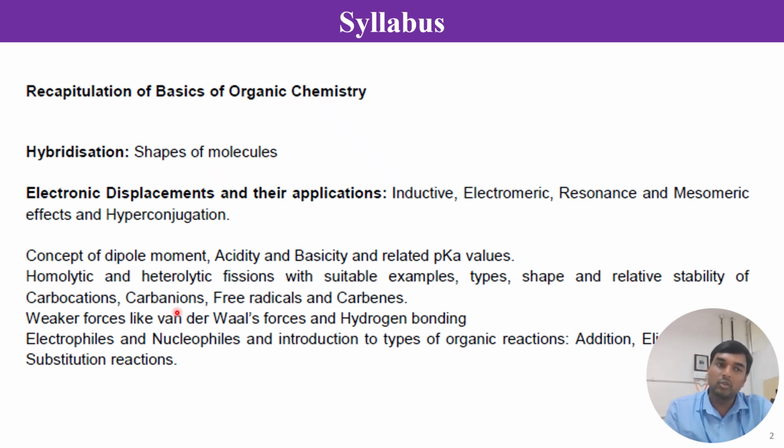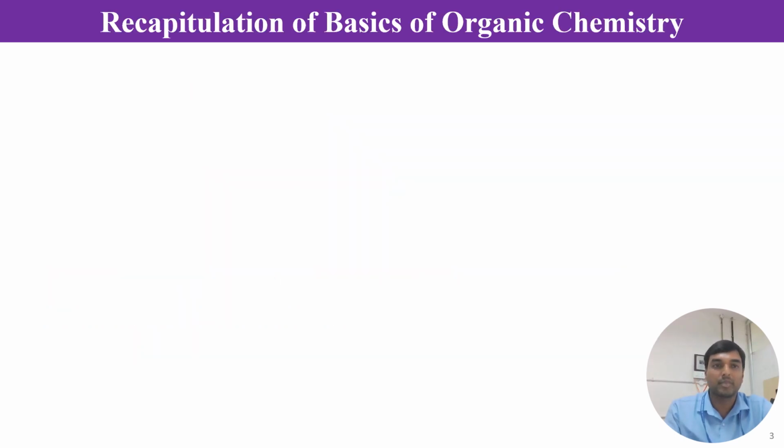Then I'll talk about weaker forces, van der Waals and hydrogen bonding. And finally, we'll be talking about electrophiles, nucleophiles, and how they affect the reactions: addition, elimination, and substitution reactions.